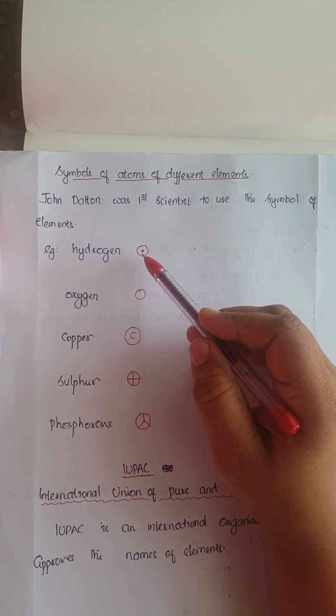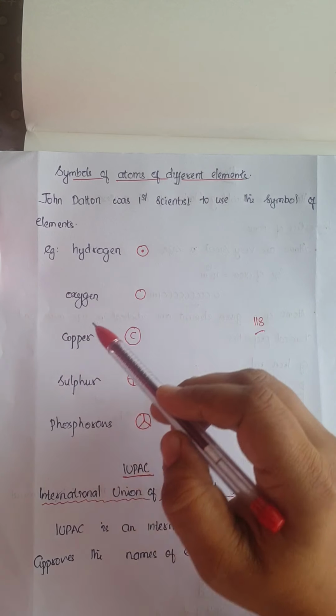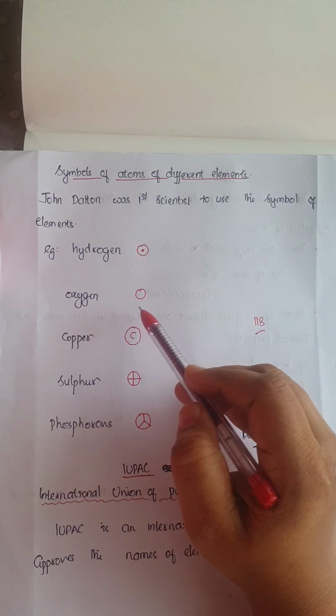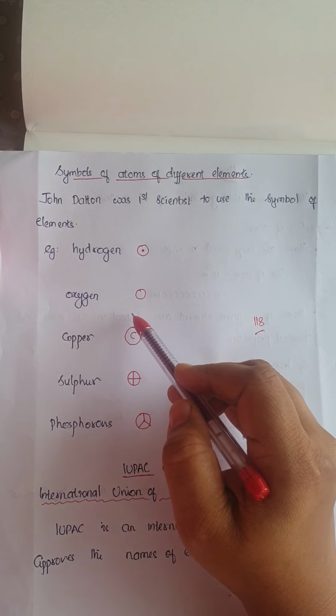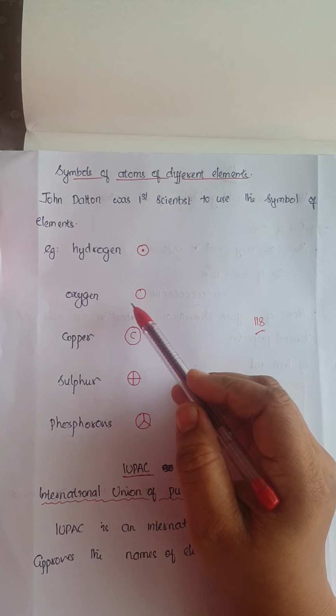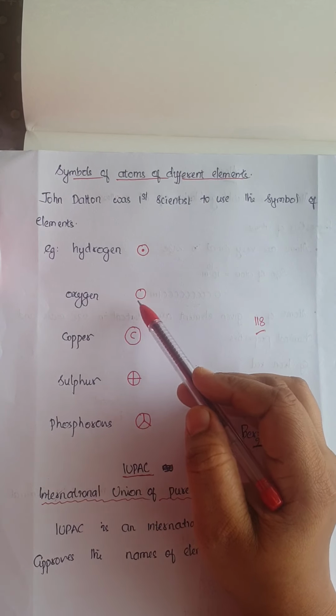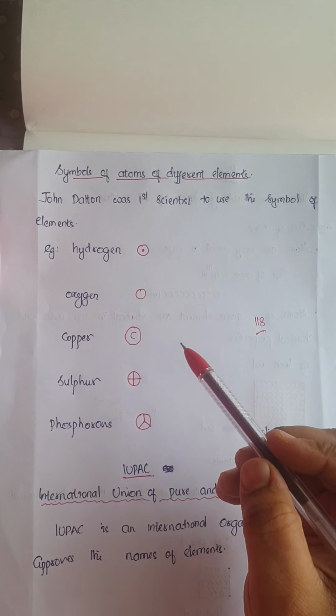Next, in the case of oxygen, how did he represent oxygen? He used a big circle, right? Can you see here a big circle? Yes, he used a big circle in the case of oxygen.